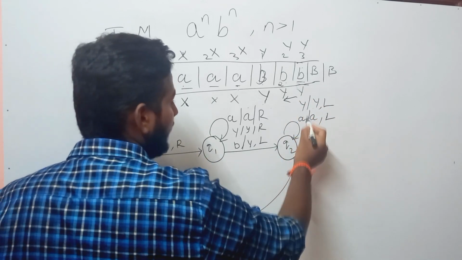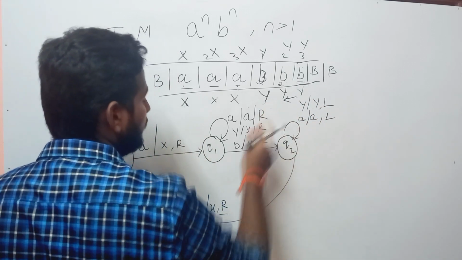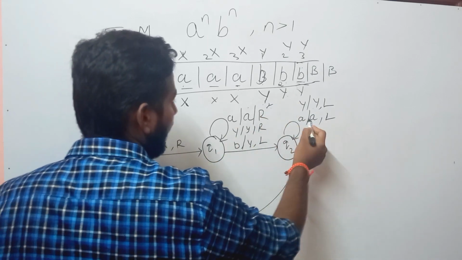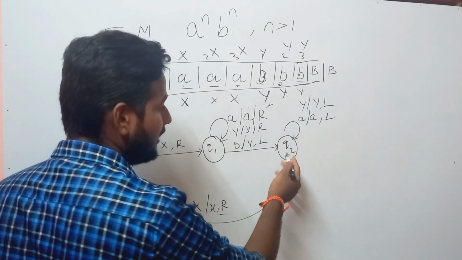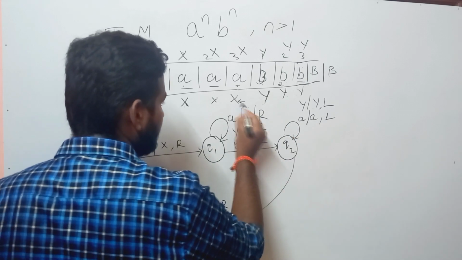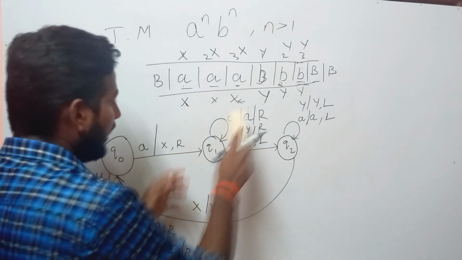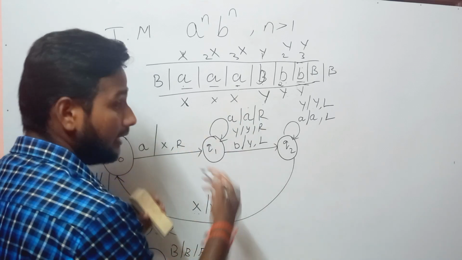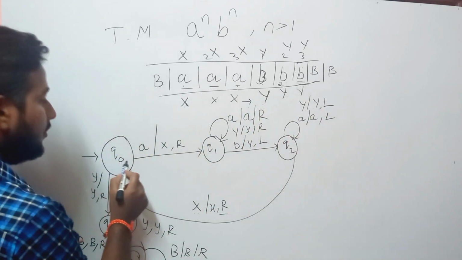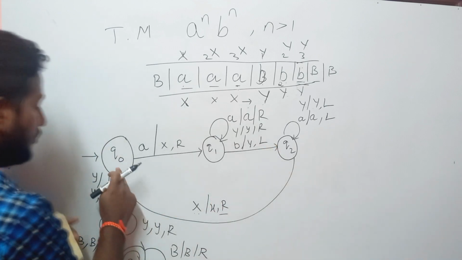We ignore Y and A values moving left. Then the pointer comes here with a self loop, and the state remains constant until we get the X. We get X, it remains X, and the direction changes to the right. After this, state Q2 goes to Q0.